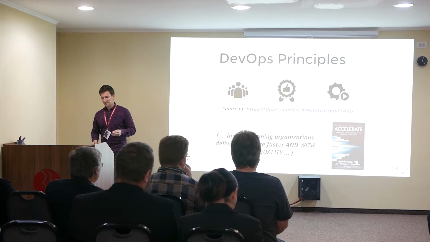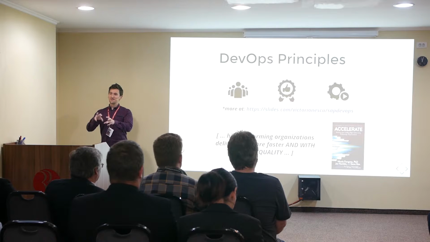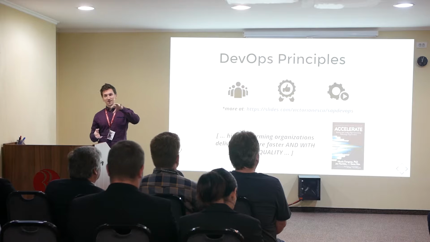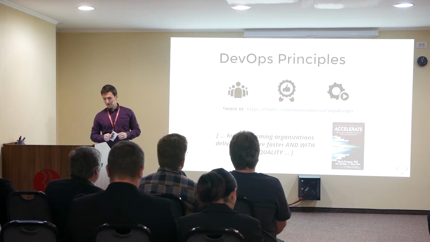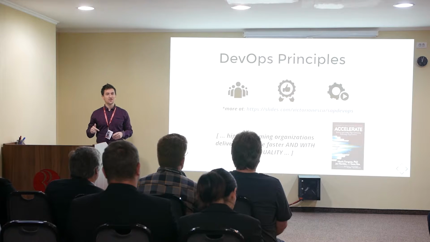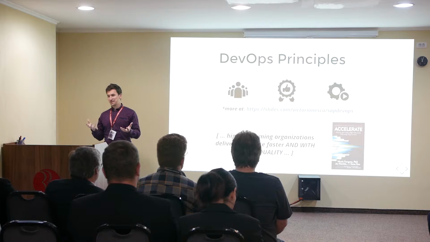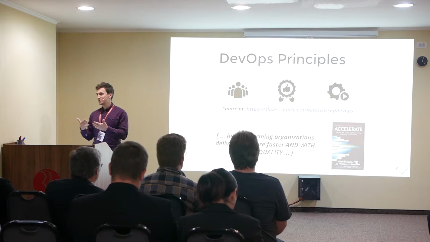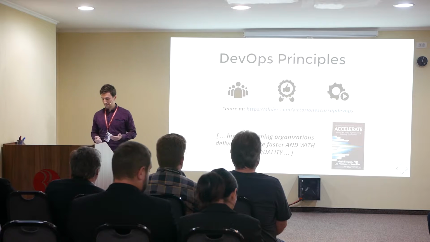There's this cool book that measures organizations and how they perform, and it turns out that high-performing organizations are able to deliver software both faster and with higher quality. Those are not metrics that go against each other. If you have the right practices, you are able to do both at the same time.